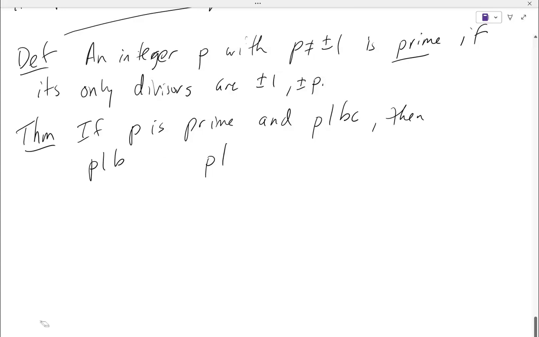Oops, not and, or. This is one of the important properties of being prime. If I have a prime divisor of a product, then that prime actually has to divide one of the pieces.